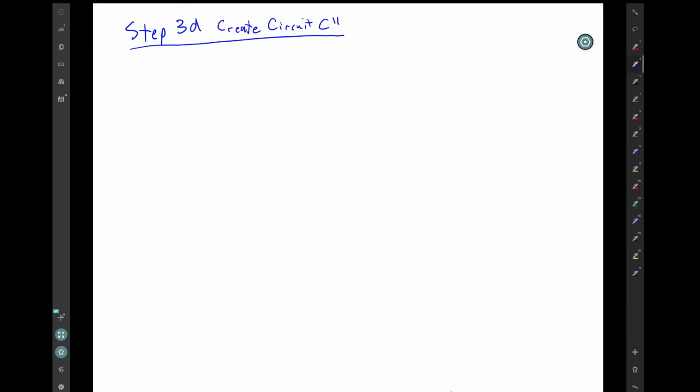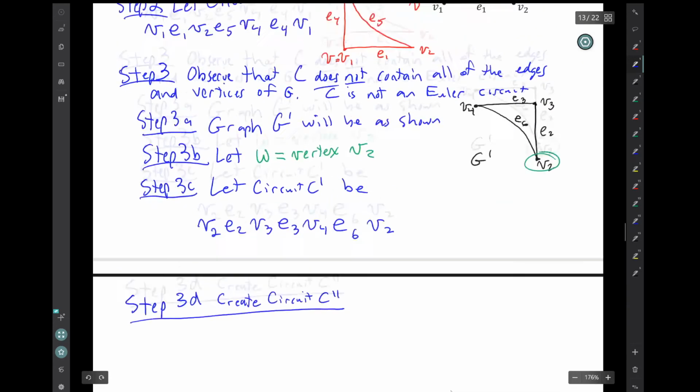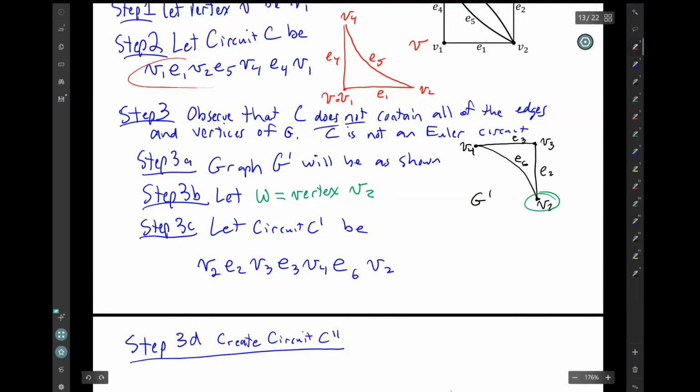So our job is to create this circuit C double prime. Now we're supposed to start at V and follow circuit C to begin with. So there's circuit C, and we're supposed to follow that beginning with V.